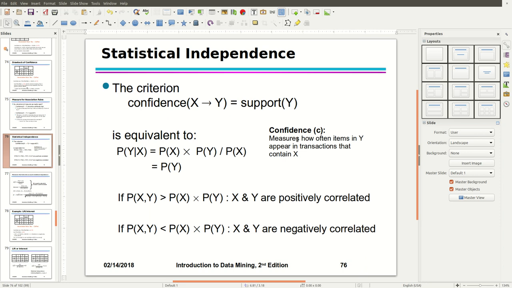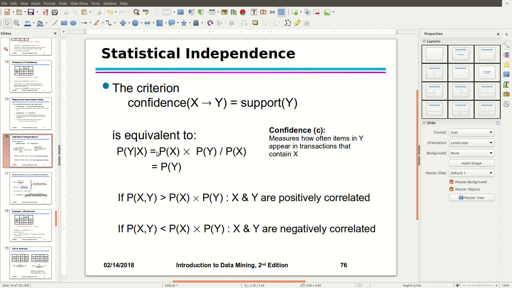I just added the confidence definition: it measures how often items in Y appear in transactions that contain X. So if you remember, we have X and Y jointly happening together divided by the probability of X. This is how you can restate it in statistical terms, assuming statistical independence.